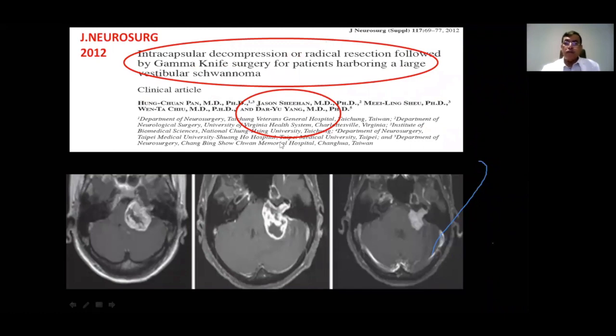Another new idea, they always produce something out of their sleeve. Yes, and Sheehan said, well, this is the tumor, let's take it from inside and then give gamma knife. You subjected your patient to surgery unnecessarily, you subjected them to gamma knife unnecessarily, and the result is that the tumor is there with some complications.